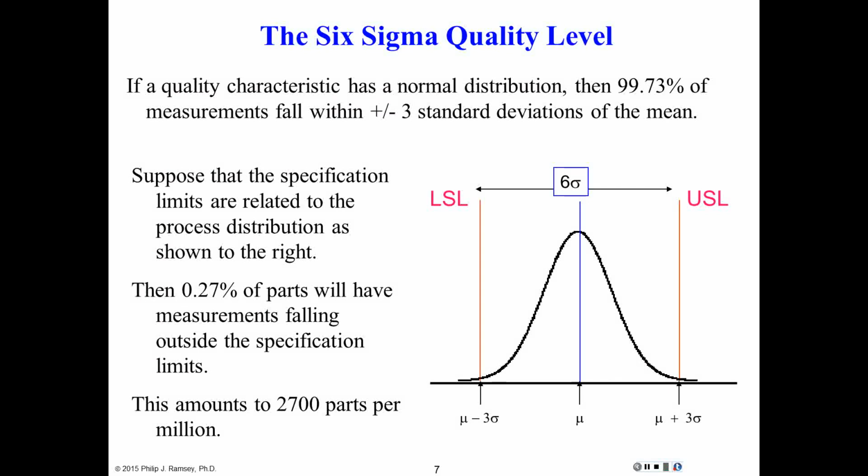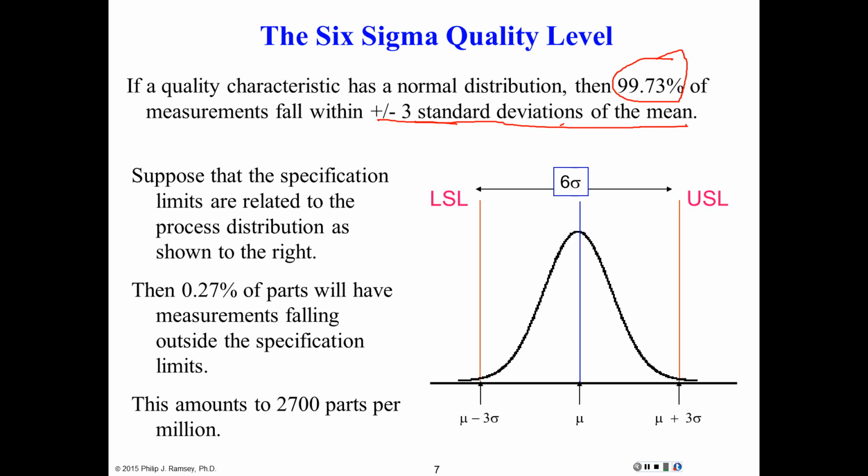And we've mentioned earlier on a number of occasions that typically we can define a normal distribution, okay, in terms of plus or minus 3 standard deviations of the mean. Basically, that covers 99.73% of a normal distribution.